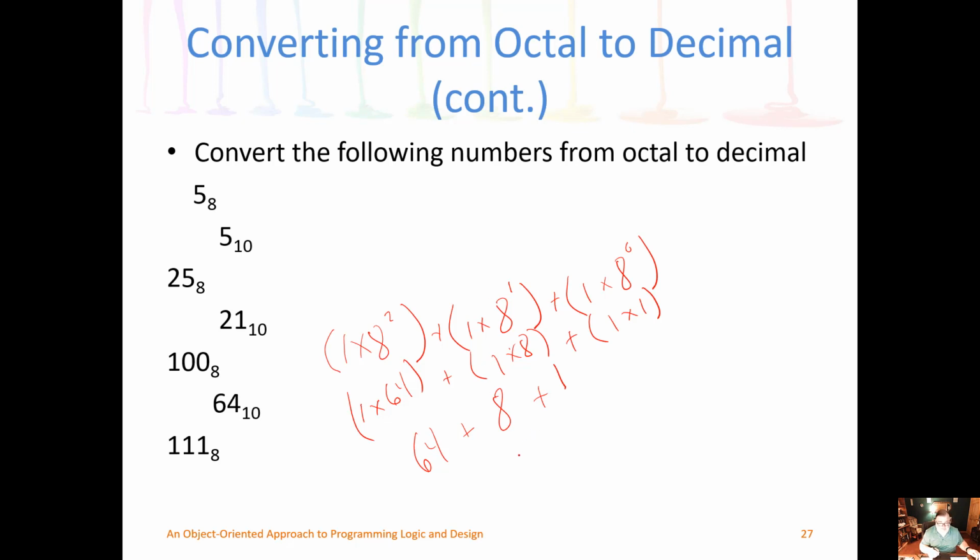So this will equal 73 in base 10. Let's check that. Okay, it's correct. So that's how we convert from base 8 to base 10.